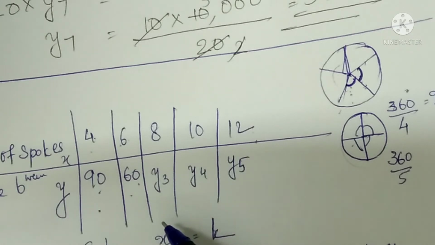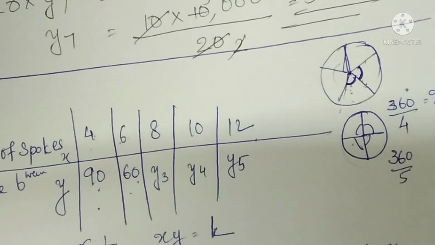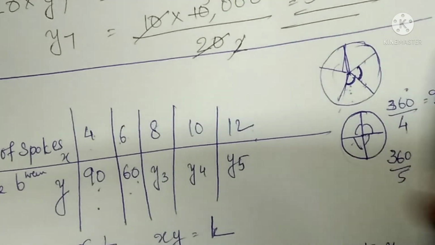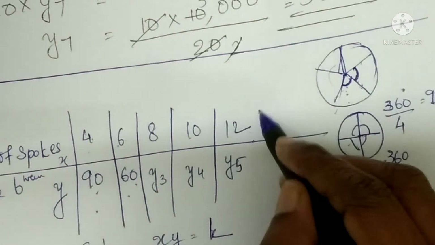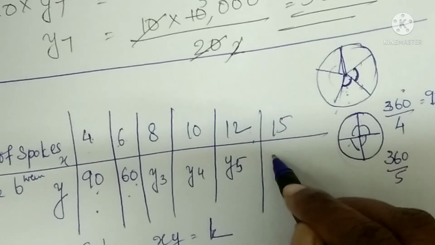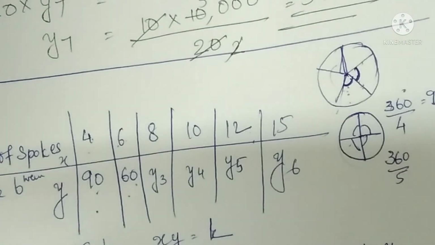Calculate the angle between a pair of consecutive spokes on the wheel with 15 spokes. That means here till 12 we did. If it is 15, what will be the angle? So you can take any of this.